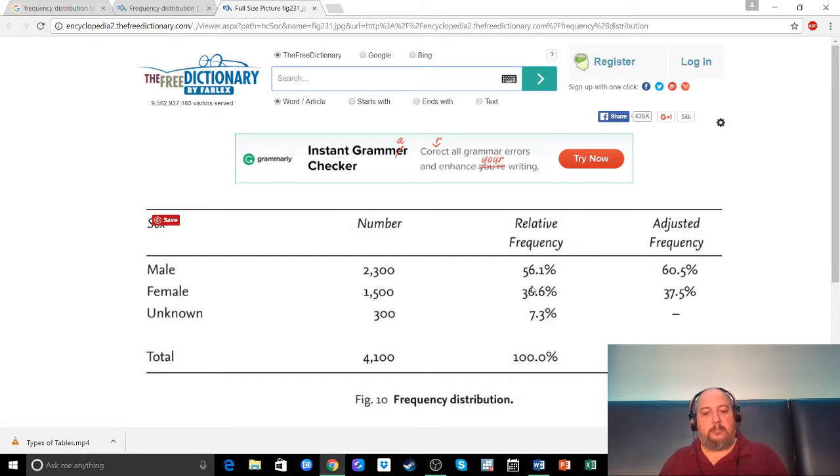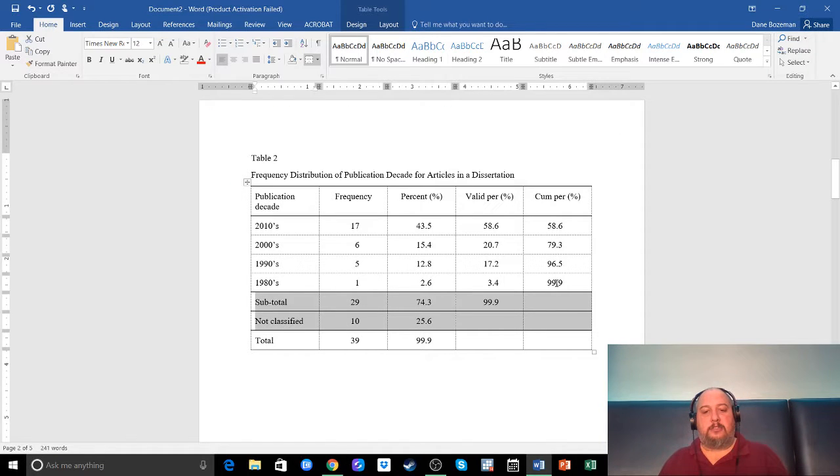This is the same as percent, and this is what we would call valid percent. We adjusted it, we took out the unknown. See, there's no number there. And we still have the 100%. Now, some of the sharp-eyed individuals have already noticed that this doesn't say 100%. And we're going to talk about that in a later video.